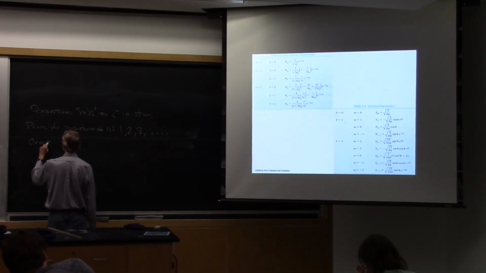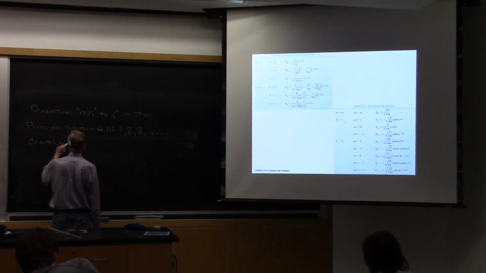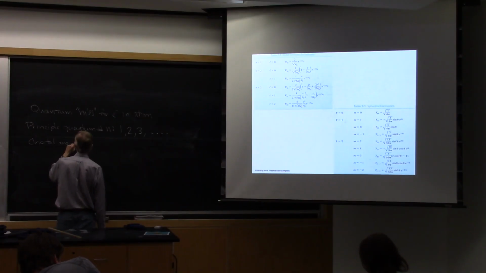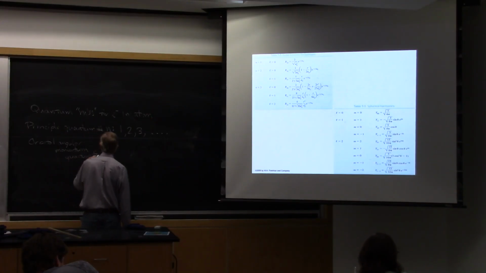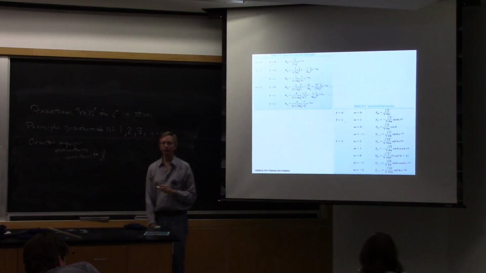You've got the orbital angular momentum quantum number, L. I'm not aware of a good short name for this. So what's the rule for L? Do you remember?